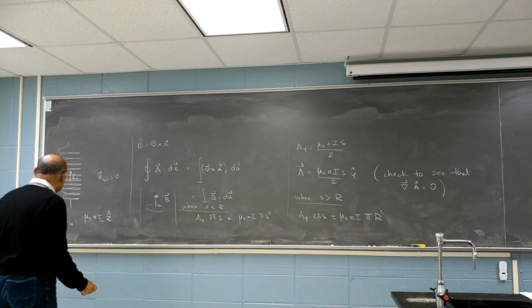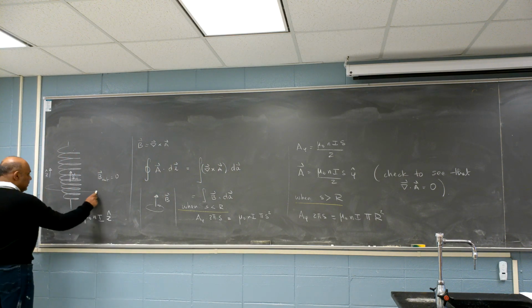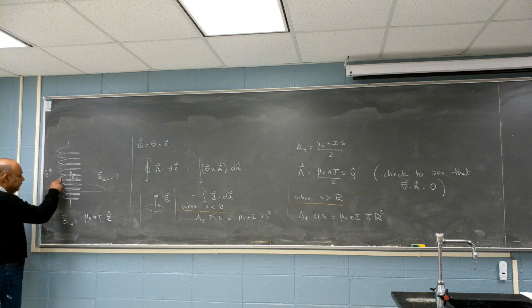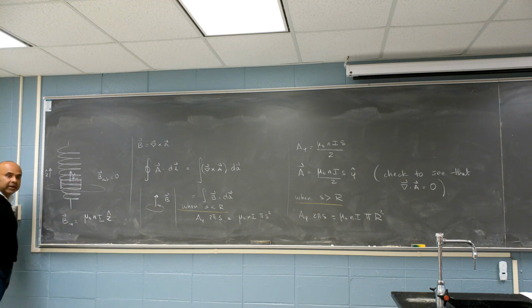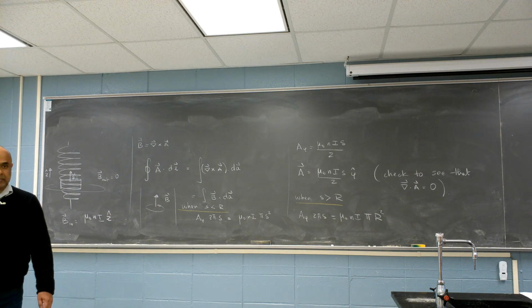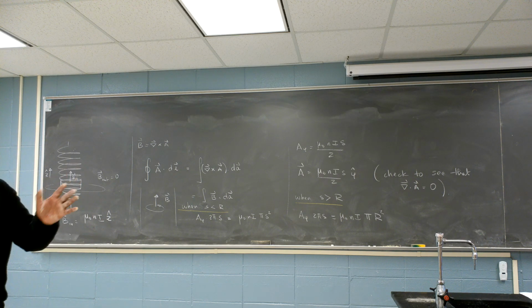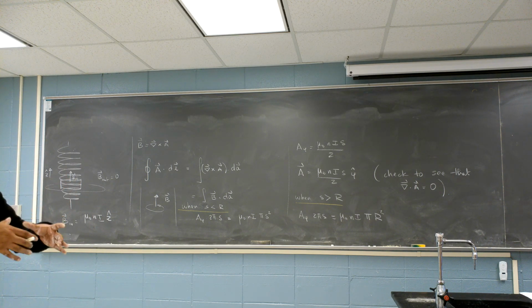Because we can be out here, but the magnetic field stops at the radius of the cylinder. Here R, of course, is the radius of the cylinder, the cross-sectional radius.